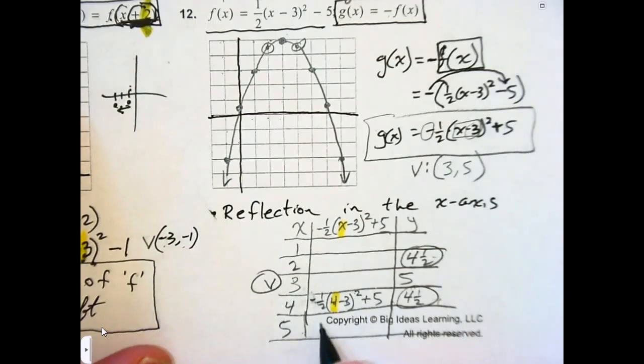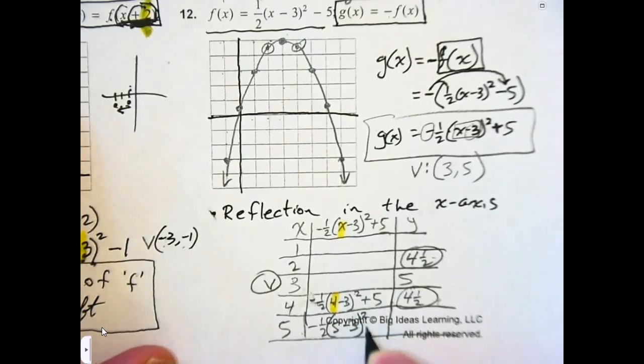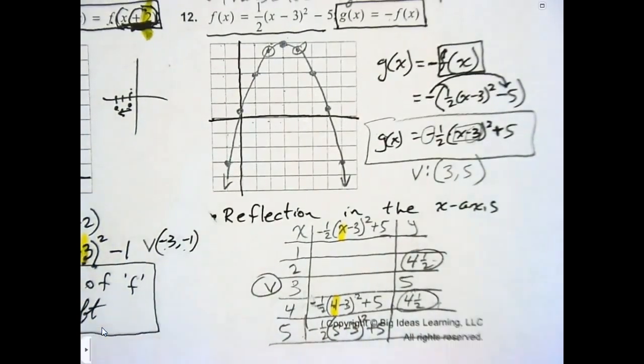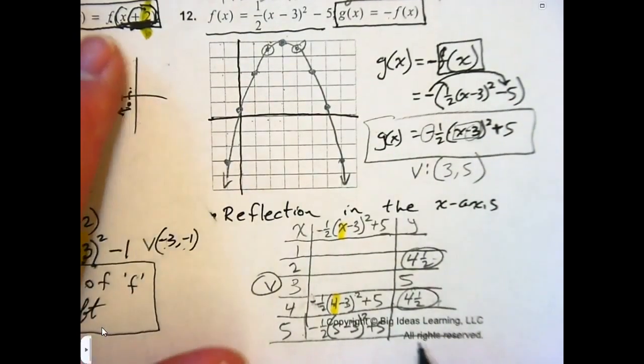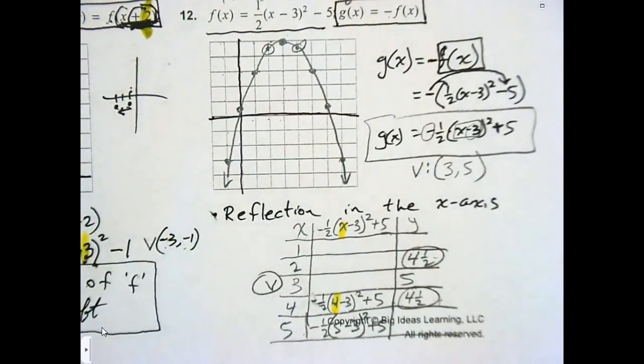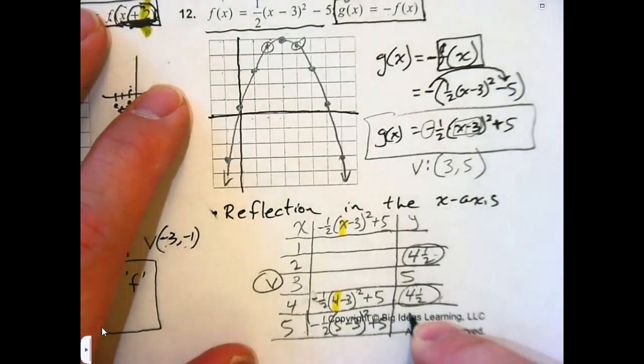Okay, so if I were to calculate 5, we go through the same process, negative 1/2, it's just this time it's a 5 right there, minus 3 squared plus 5. Questions on it? All right.